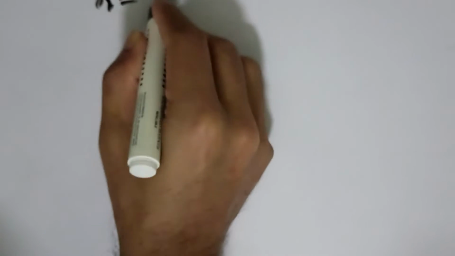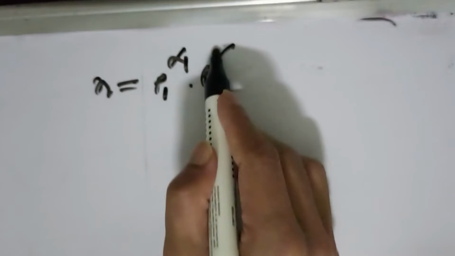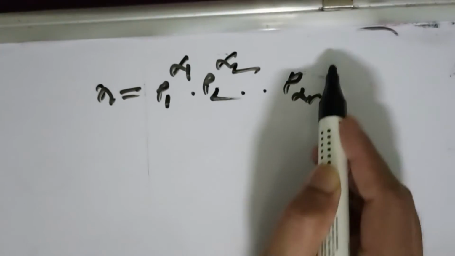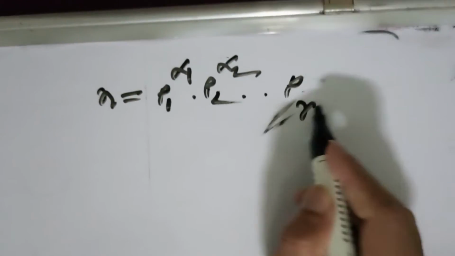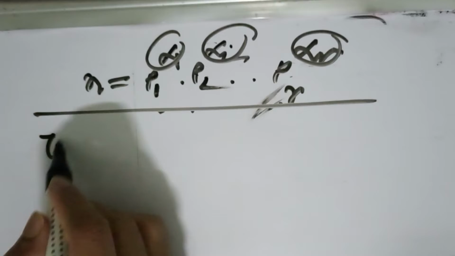There is one more formula of tau. I'm telling you this for knowledge purposes. Suppose n equals p1 power alpha 1, p2 power alpha 2, up to pr power alpha r, where p1, p2, pr are primes and the alphas are positive exponents. Then what is the formula for the number of divisors of n, tau n?